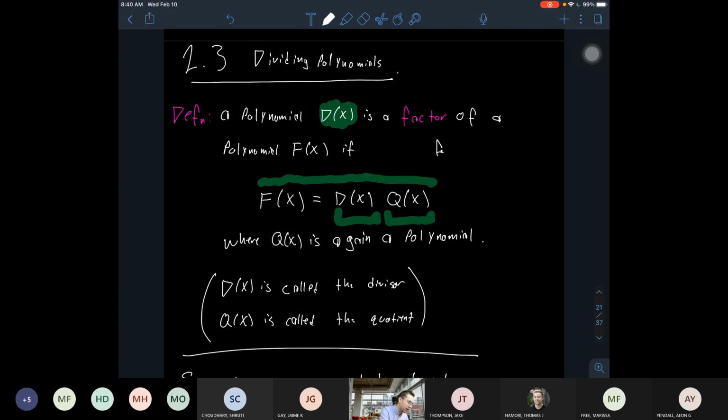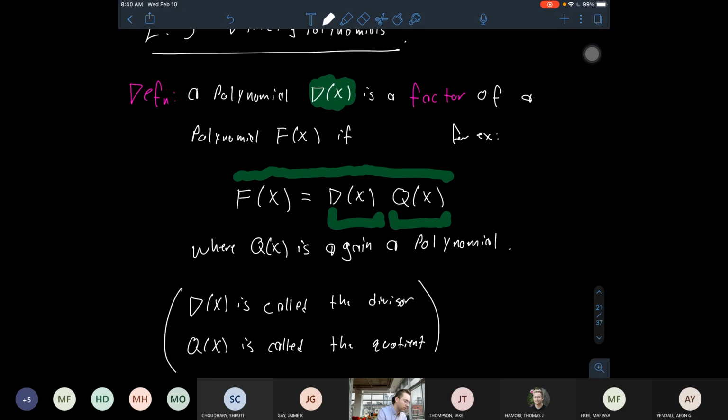So, for example, the old intuition for this is, if we can write 6 as the product of 2 times 3, therefore 2 is a factor of 6. That's kind of what we're saying here, except now we're going to talk about how to do this with polynomials.